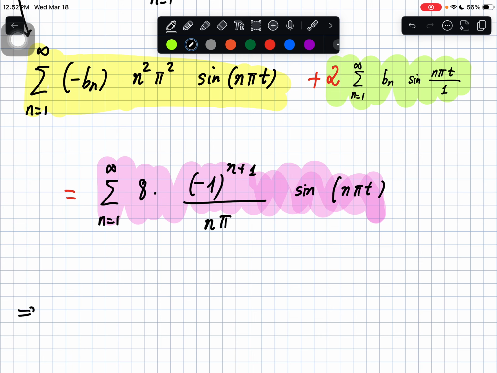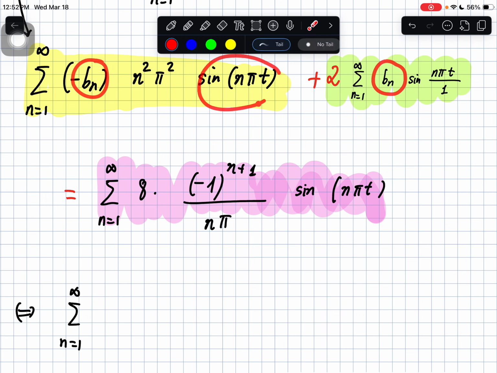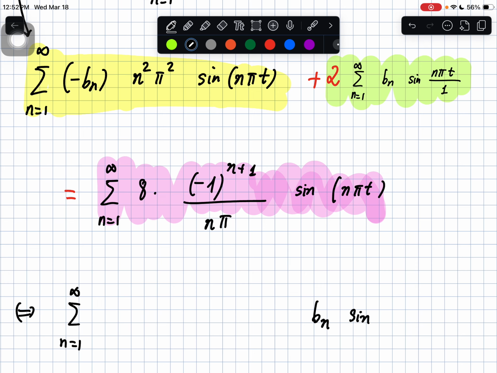On the left hand side, you have the sum from n = 1 to infinity of Bn sine n pi t in common. I can group that: Bn sine n pi t.